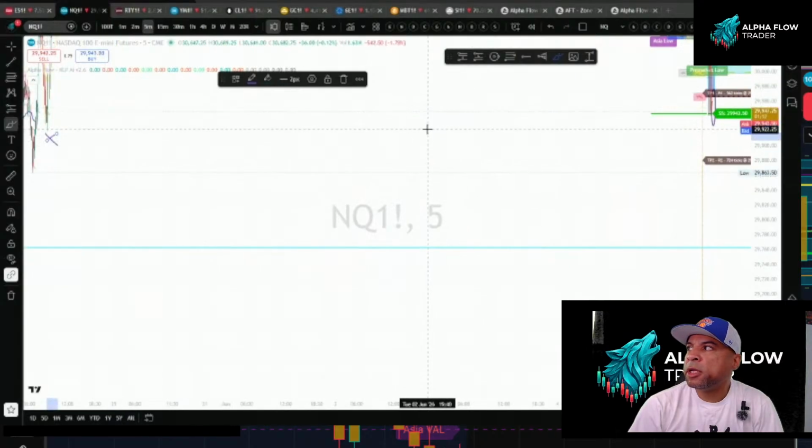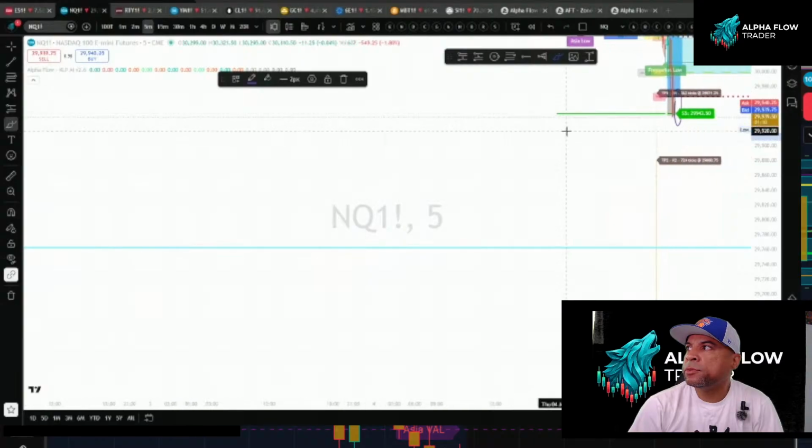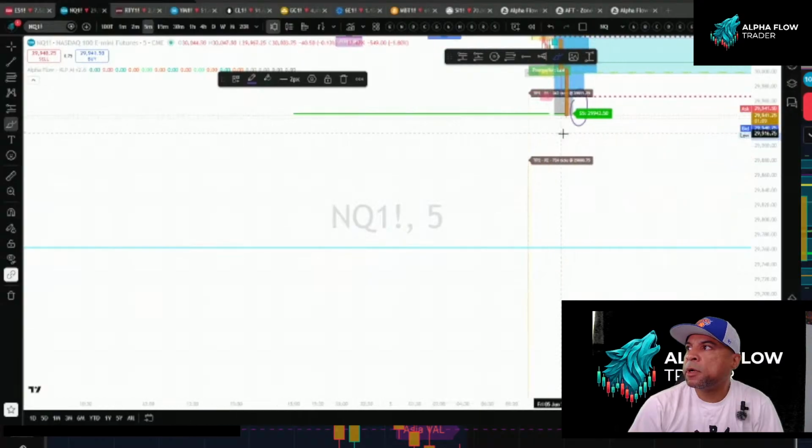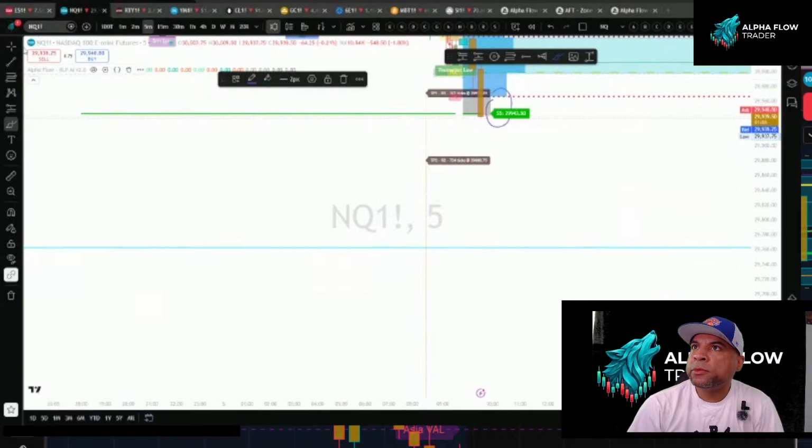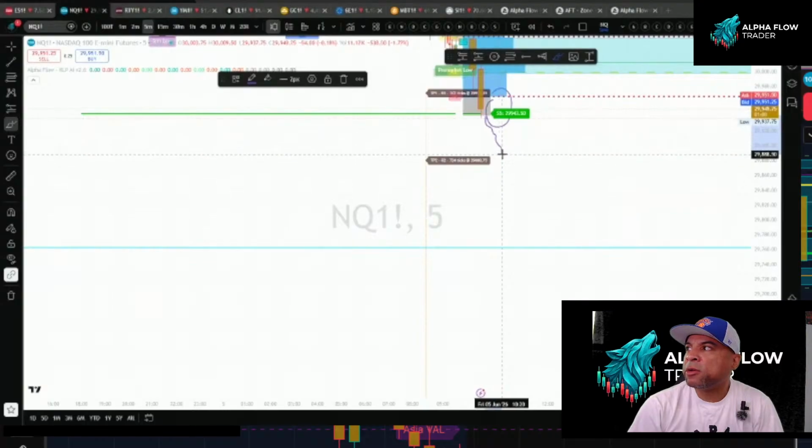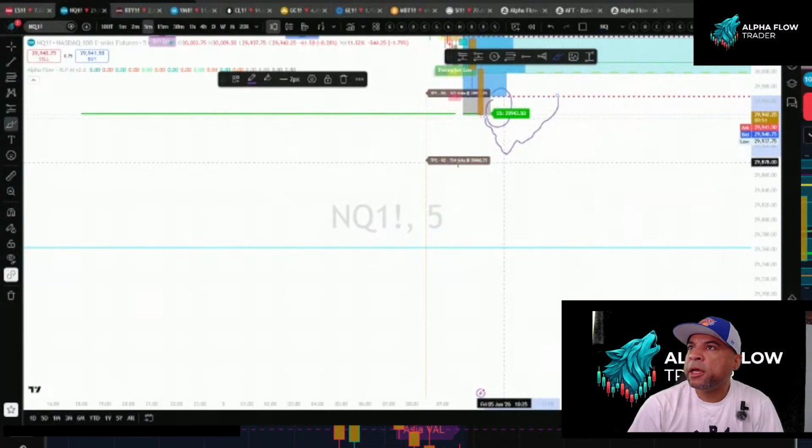So that's at 29,922. All right. So I'd prefer NASDAQ to kind of drift down to 29,922, take out these lows before heading higher. So we'll keep an eye on NQ here.